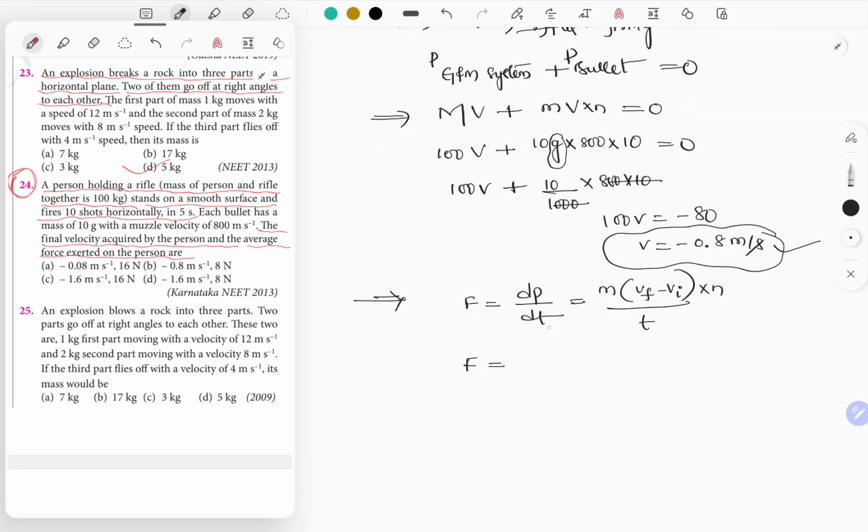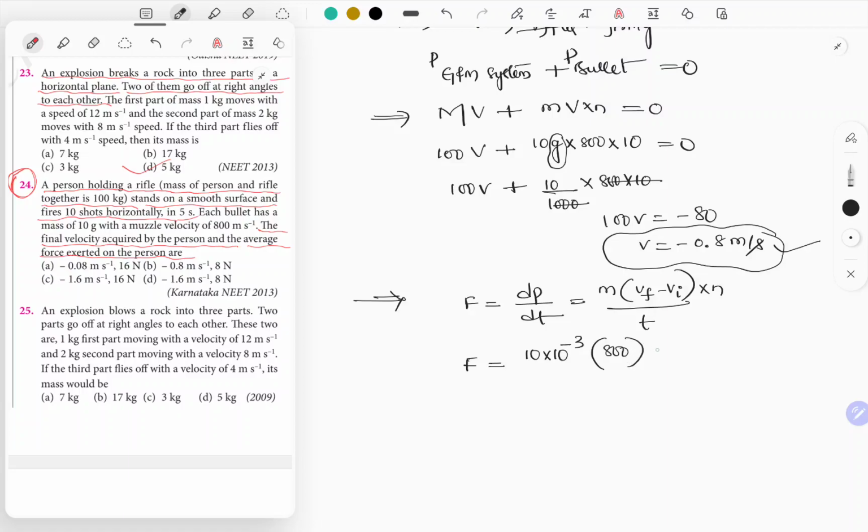F is equal to dp by dt. Mass of each bullet is 10 grams converted into kgs. It is going to be 10 power minus 3. Final velocity of the system, so what is the velocity of the bullet, which is equal to 800 meter per second?